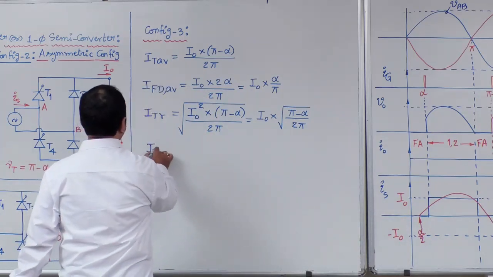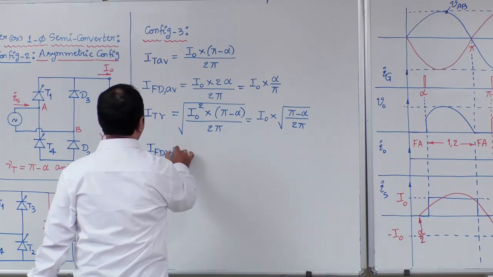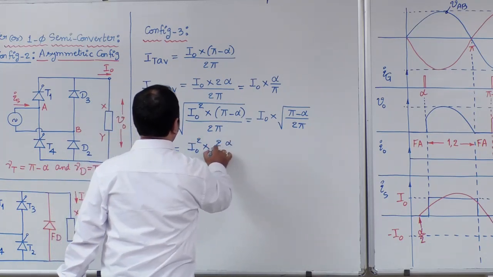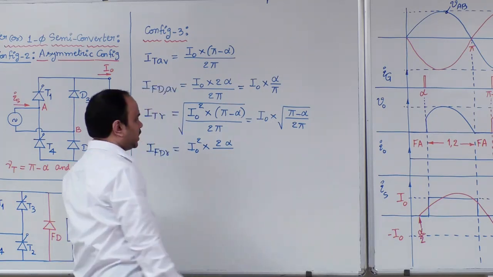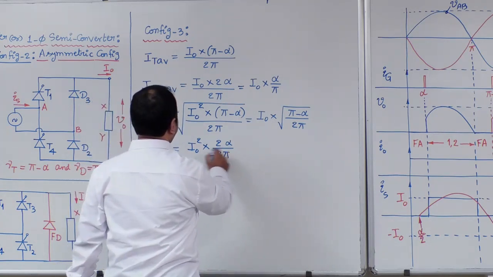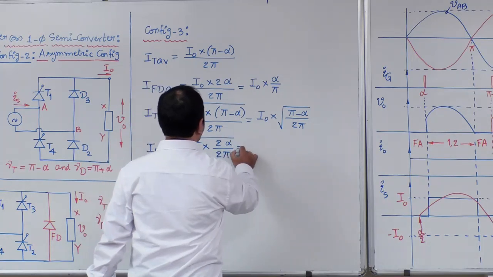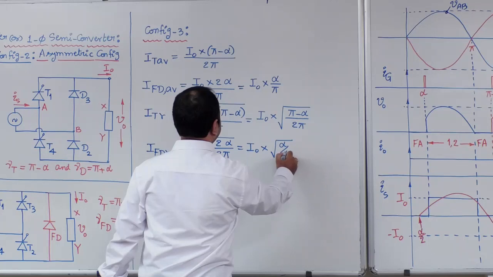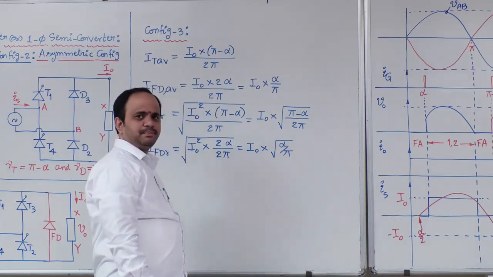Next, RMS value of freewheeling diode current, I naught square into function duration is 2 alpha over a cycle time of 2 pi. Hence, this is equal to I naught multiplied with root of alpha by pi.